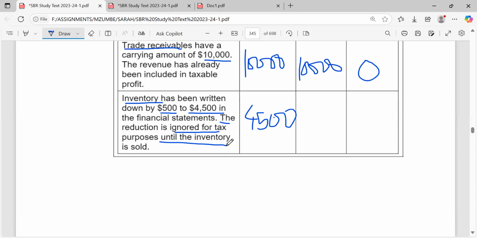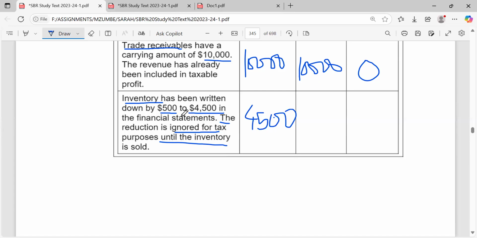So since we ignore that for tax purpose, it only goes to show that for tax purpose, we should not deduct the 500, right? If you do deduct the 500, it means that it's kind of an expense, an impairment. So it means that we debited impairment loss as an expense, and then we credited the inventory.